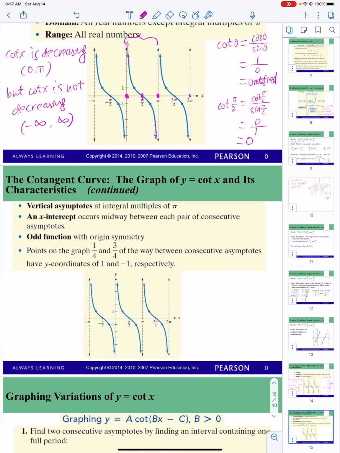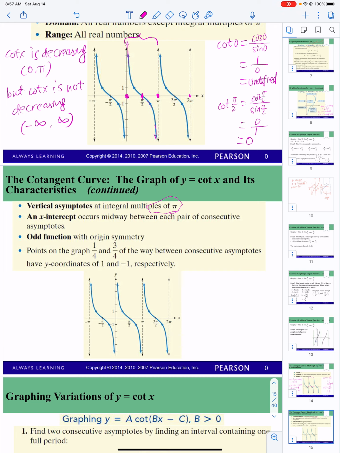Okay, so y equals cotangent x and its characteristics. The vertical asymptotes are at multiples of pi. That used to be the x-intercepts of tangent x, yeah? And an x-intercept occurs between each pair of consecutive asymptotes.